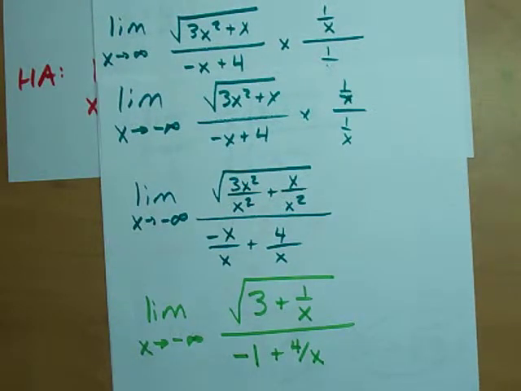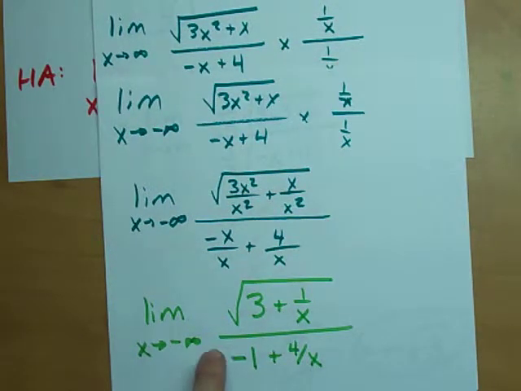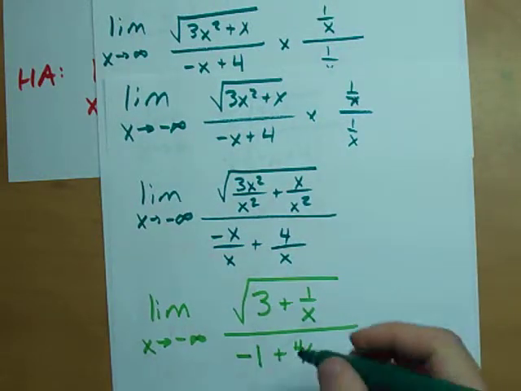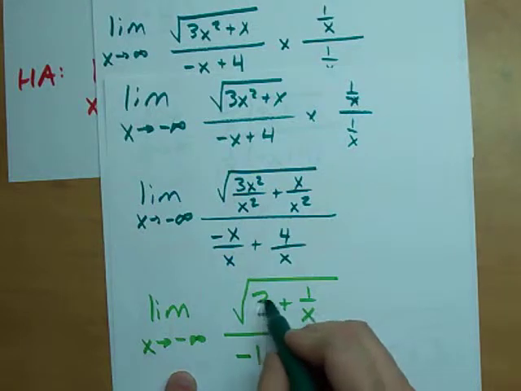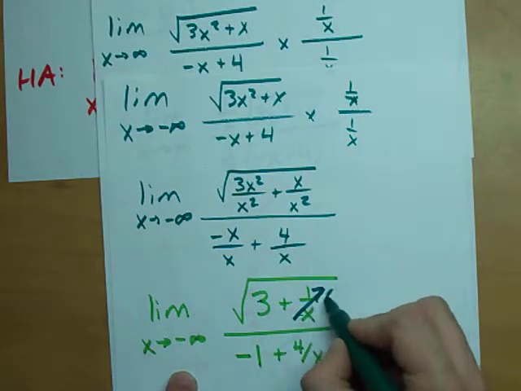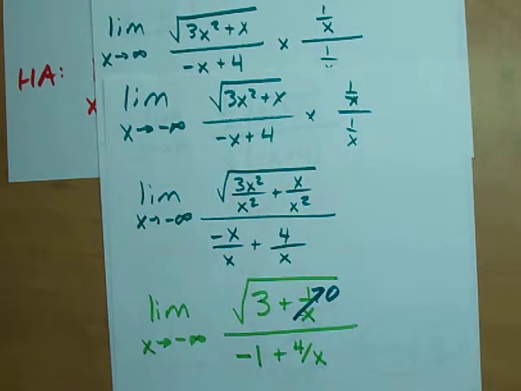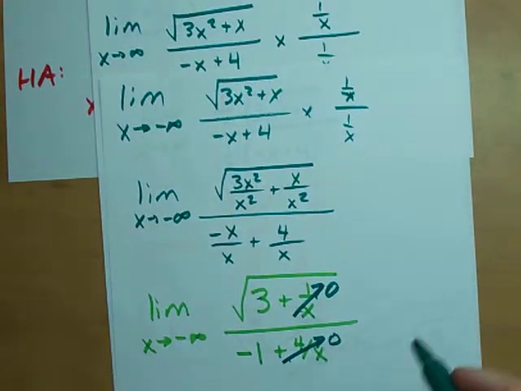As x approaches negative infinity, this turns out to be 1 over a negative number. So this is 3 minus 0, but that doesn't matter. And this turns out to be negative 1 minus 0, and that doesn't matter. So I'm getting that it's negative root 3 on this side as well.